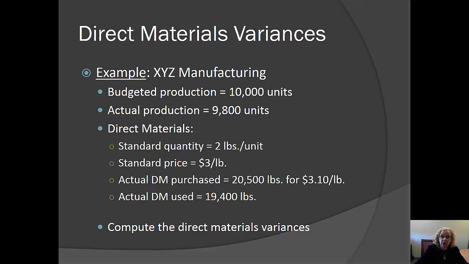Now let's look at direct materials flexible budget variances. We're given information about the standards for quantity and for price at XYZ, and we're given information about the actual amount of material purchased and the actual amount of material used.